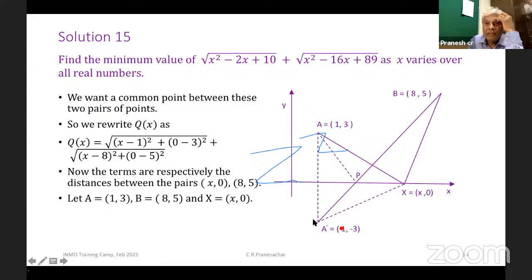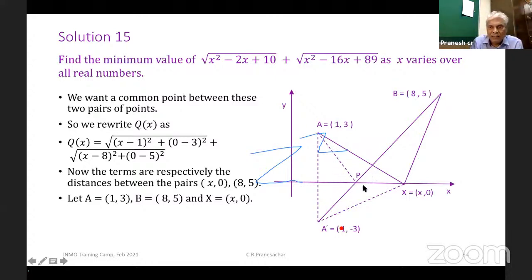But by triangle inequality, A dash B is less than A dash X plus XB. But A dash X is AX. Therefore, A dash X plus XB is equal to AX plus XB. So effectively, what is happening? We have proved that AP plus PB is less than AX plus XB by using very elementary geometry.